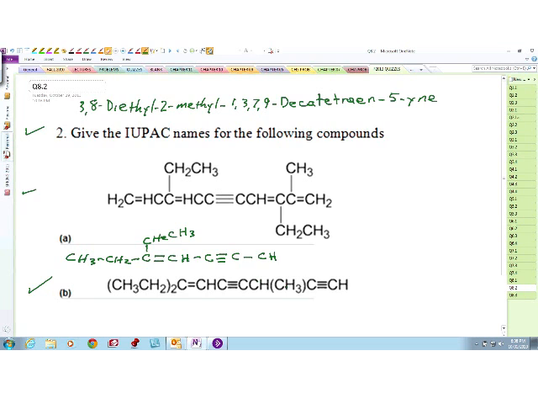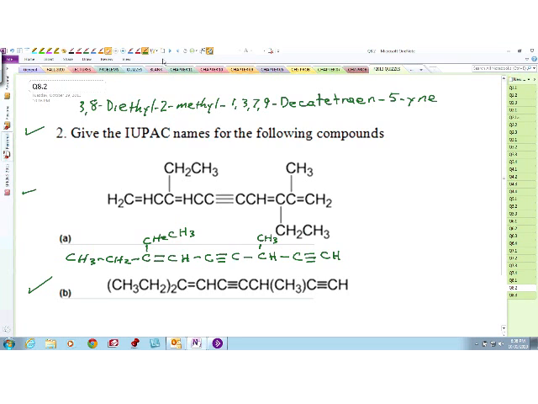And this carbon is also attached to this methyl because carbon must be tetravalent. And then that carbon is also attached to the carbon-carbon triple bond. Okay, so the longest carbon chain in this molecule is what?